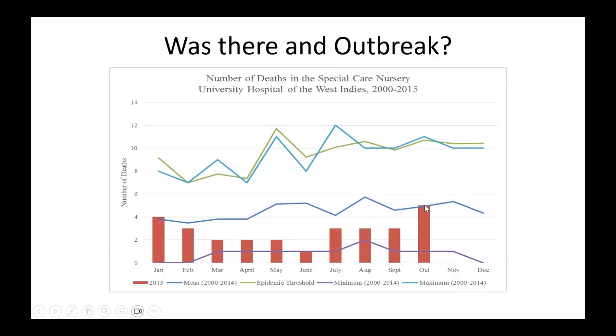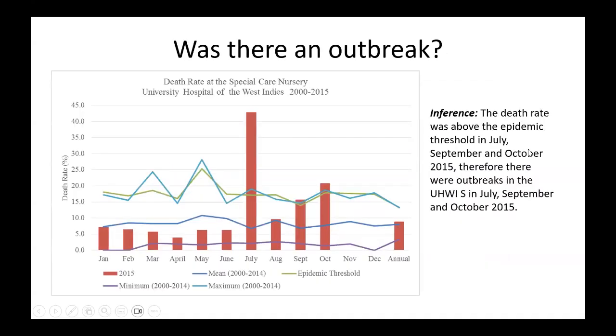So it was right about the average, but because it was more than September, people were saying, oh, we have an outbreak. And the epidemic threshold is this green line, and it obviously didn't reach there.